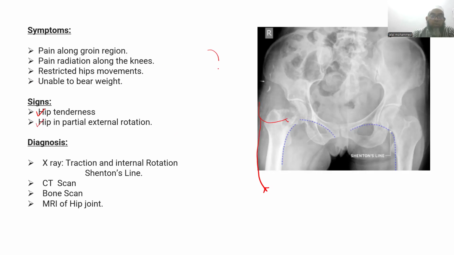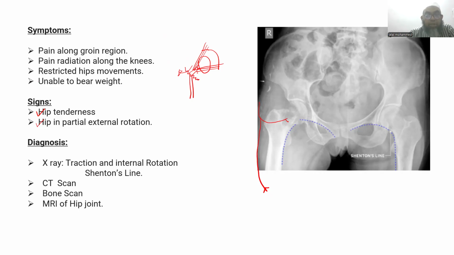As I told, this is the acetabulum, this is the head and neck. We have the iliofemoral ligament and pubofemoral ligament. The fracture is happening proximal to these. So when the fracture is proximal to these ligaments, they hold the distal fragment and won't allow it to go into external rotation. Here I just want to clarify: sometimes we have a fracture involving the intertrochanteric region.